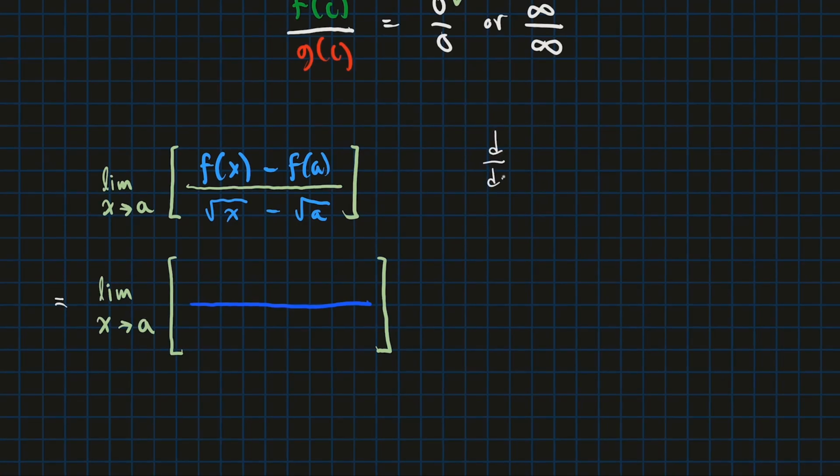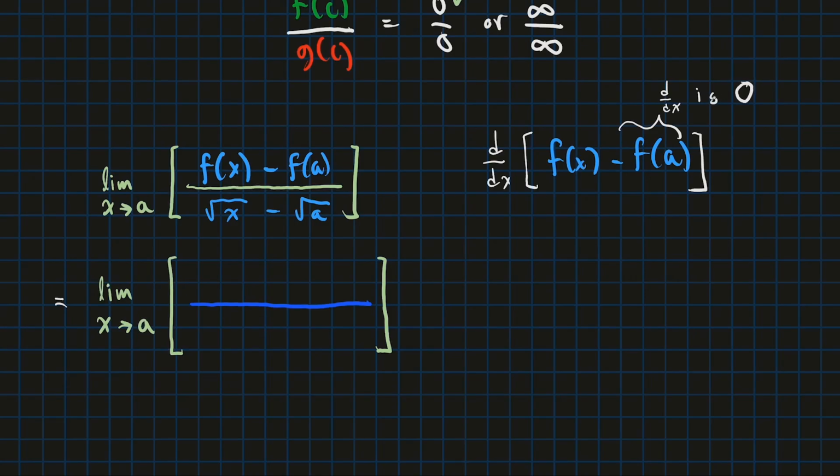So what's d over dx of f of x minus f of a? Well, f of a is a constant, right? So the derivative of any constant is 0.